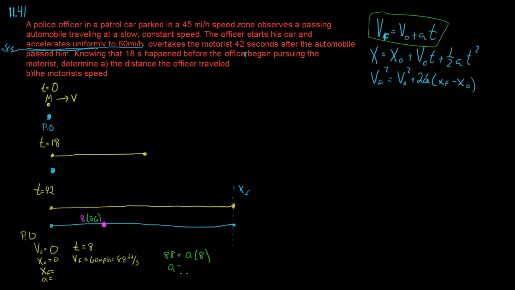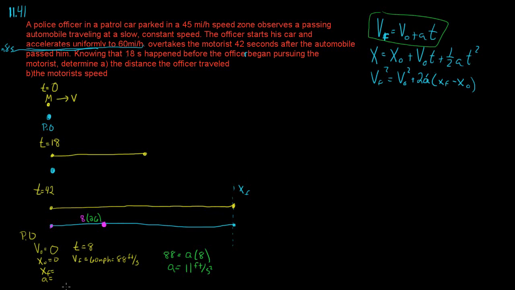So our acceleration is 11 feet per second squared. From this point to this point, the police officer is accelerating at 11 feet per second squared.